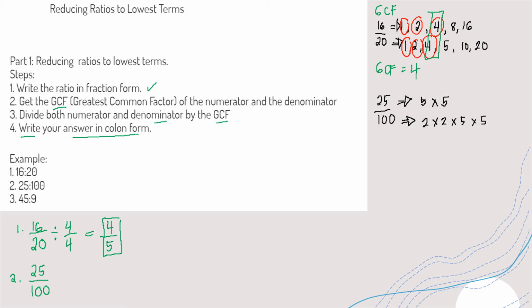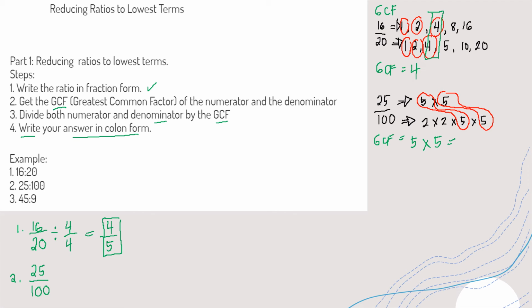Now, we encircle the common prime factors. I have here one common prime factor and another common prime factor. In order for us to get the GCF, we simply multiply all the pairs that we have encircled. We have one pair of 5 and another pair of 5.